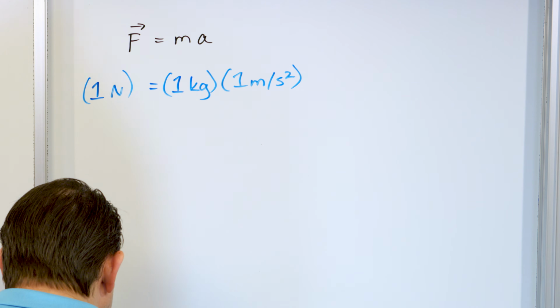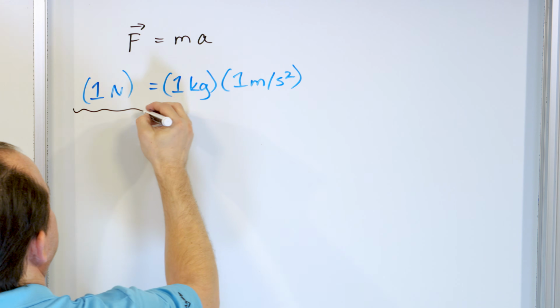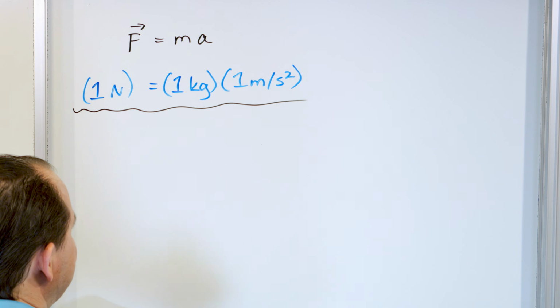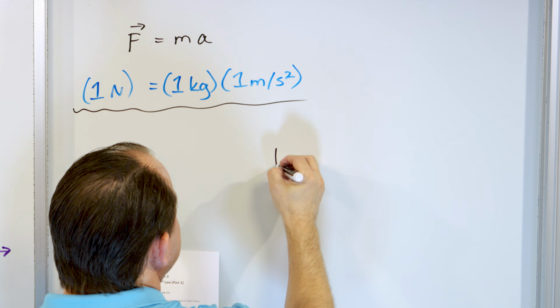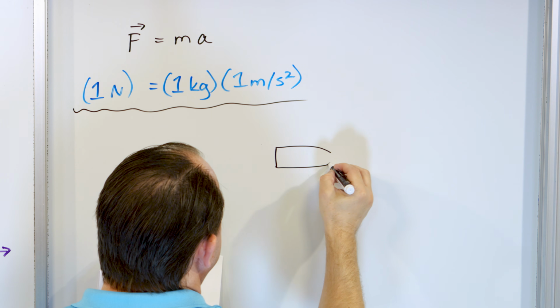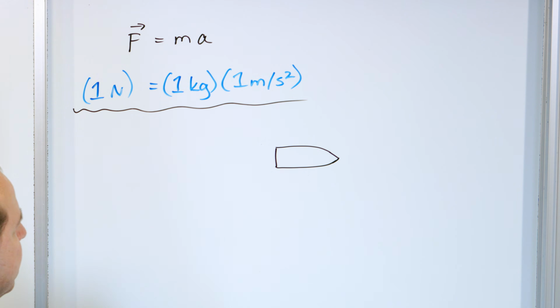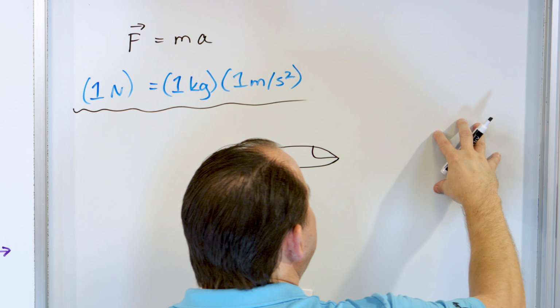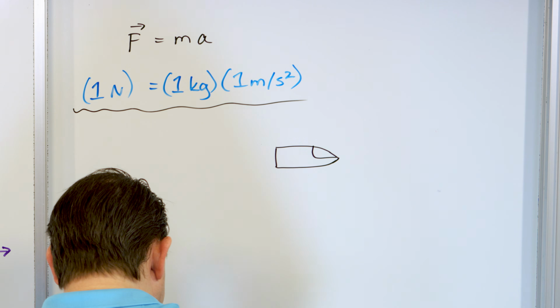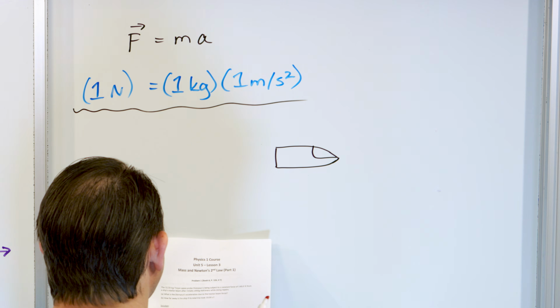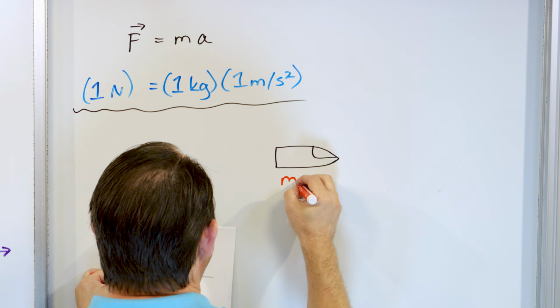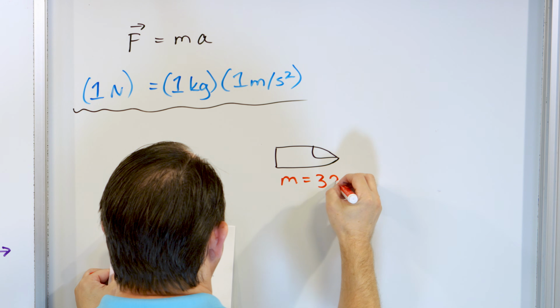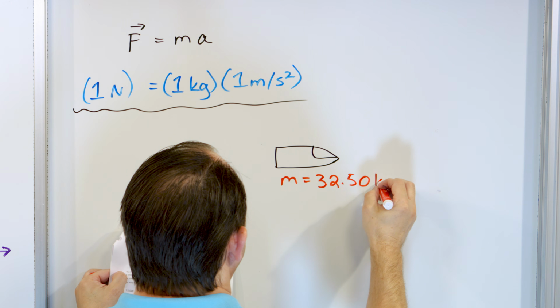So what we need to do first, before we do anything else, is draw a picture, right? Now, my picture is going to be terrible, but this is a space probe, something like this, and there's some alien over here, and basically they're pulling on this thing, and we know that the space probe has a mass of 32.50 kilograms.